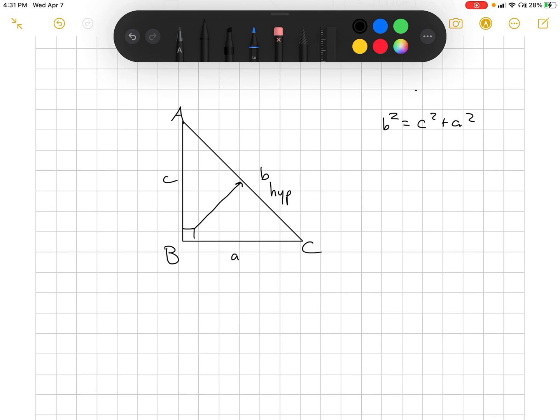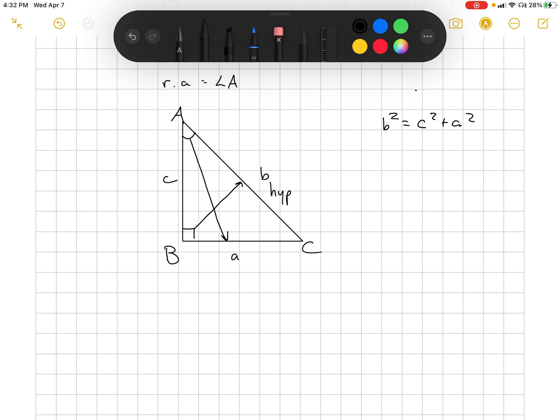So the method for identifying the reference angle, let's say reference angle is angle A. Okay, we'll just indicate that with a little arc like that. Labeling the sides with respect to the reference angle is the same as for the hypotenuse.